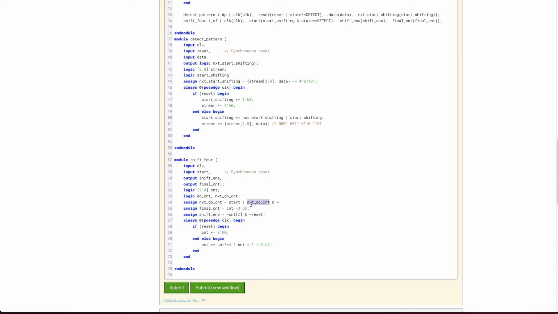Start counting, which sets this, or hold the previous value, and I want to clear it if the count is 3.